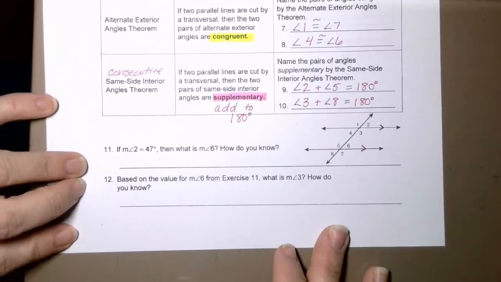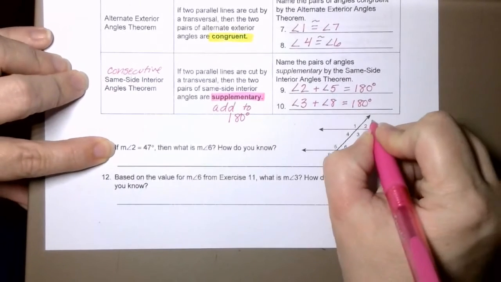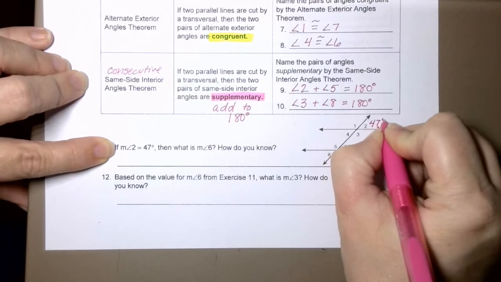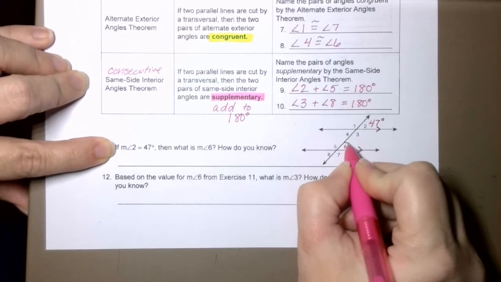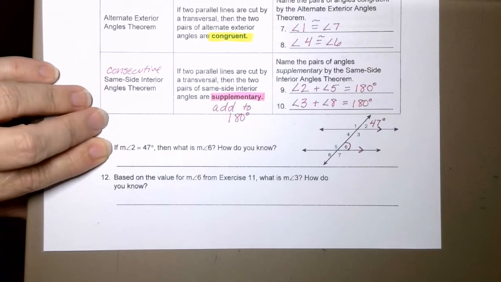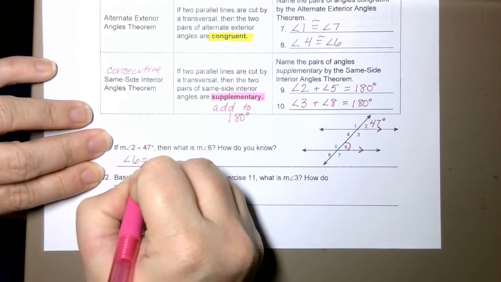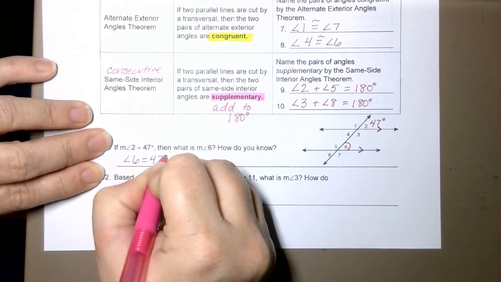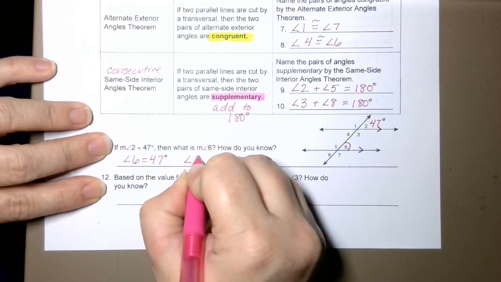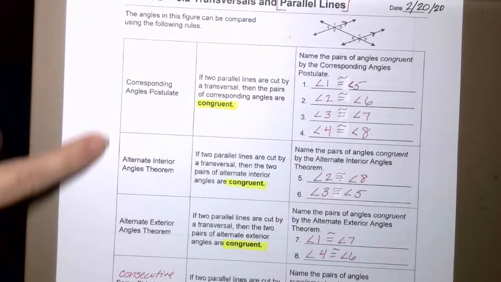So let's look at an example. If the measure of angle 2 is 47 degrees, what is the measure of angle 6? How do I know it's also 47? The reason is because angle 2 is congruent to angle 6, and which one of these describes their relationship?